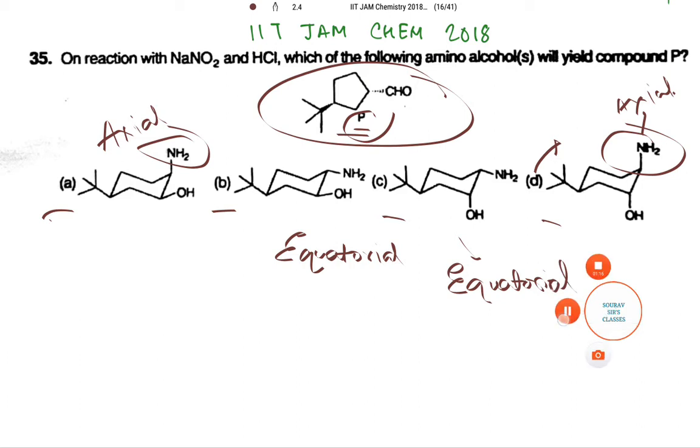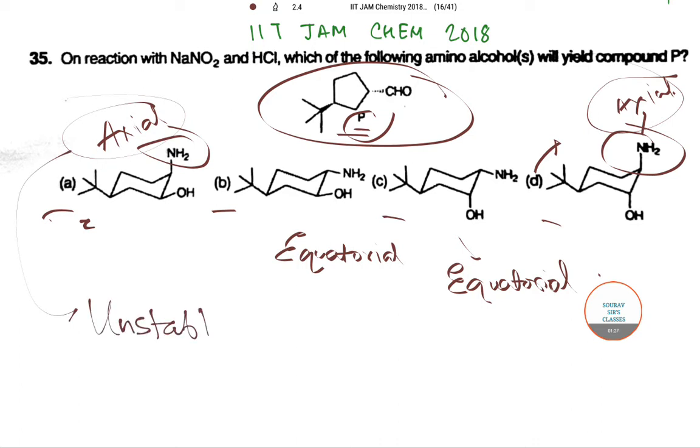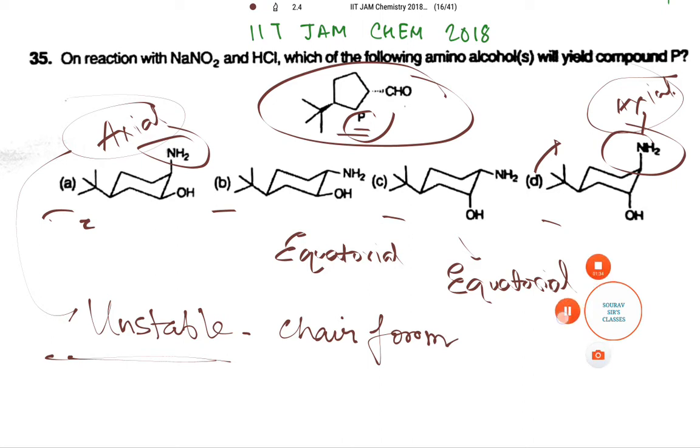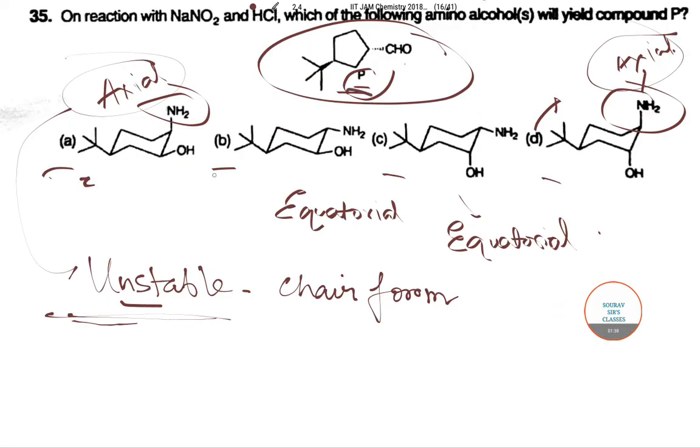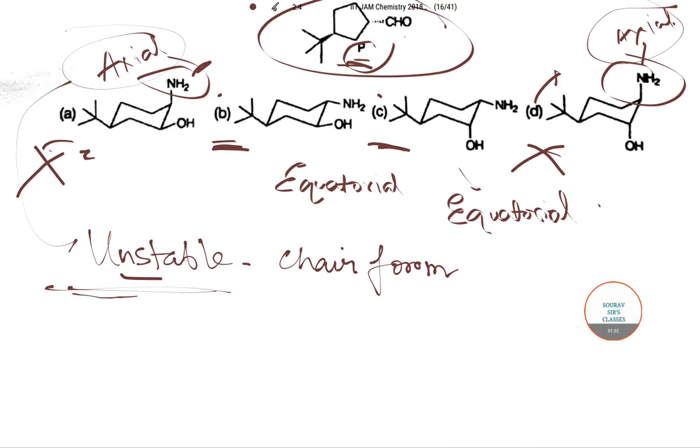The presence of NH2 in the axial position in both these cases will lead to an unstable chair form. So compound P will be given by option B or option C and not by A or D, because the NH2's presence in axial position will lead to an unstable chair form. So we can eliminate option A and option D.